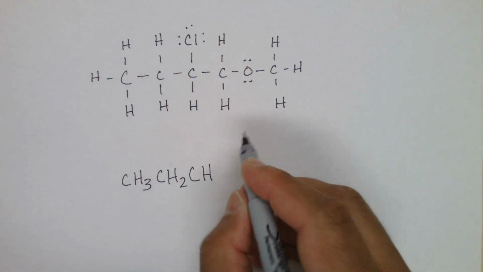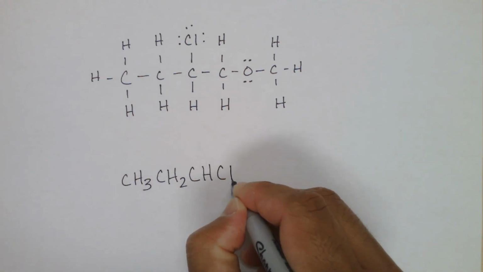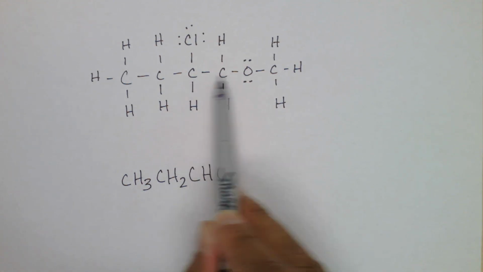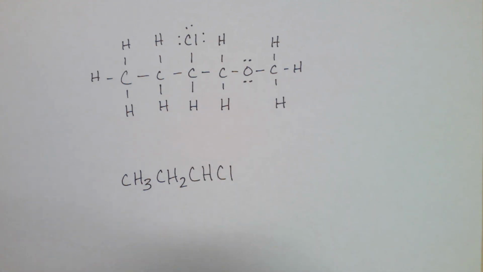Now, a special note here, here's the chlorine. If you look at organic chemistry books, I've seen this 2 ways. You can leave the chlorine the way it is. Of course, if you know the bonding patterns for these halides, they can only form the one bond. So this chlorine will not be in the middle of a chain. So it's assumed chlorine, like hydrogen, is bonded to the previous carbon.